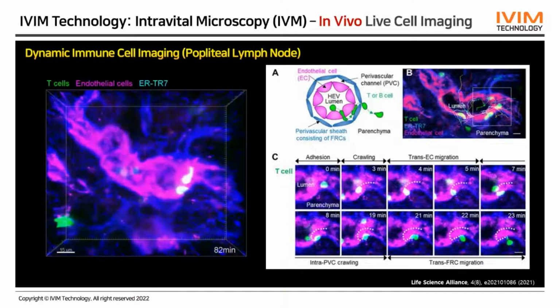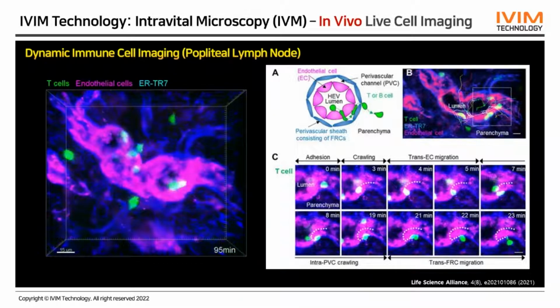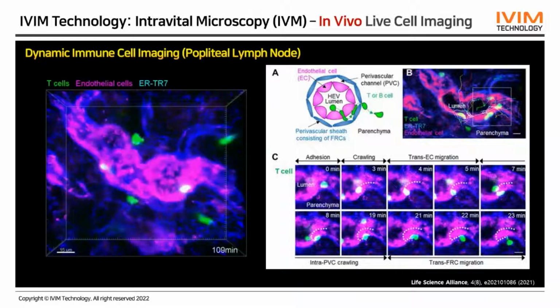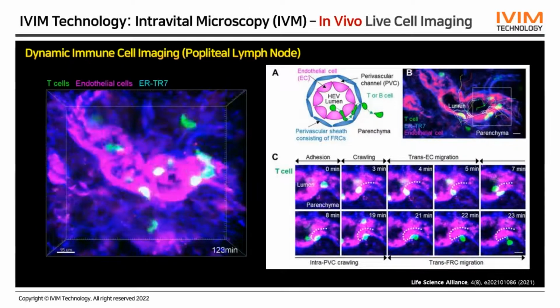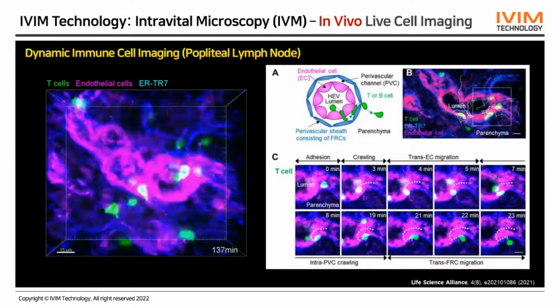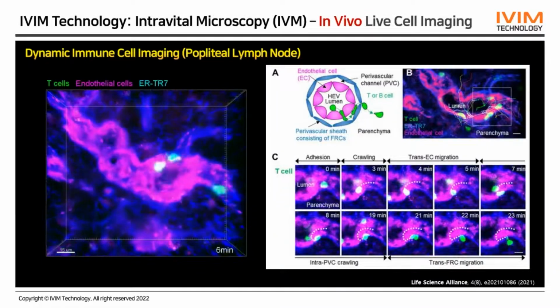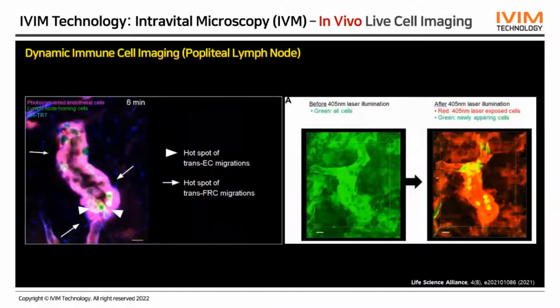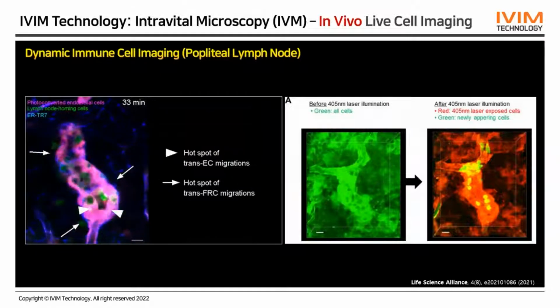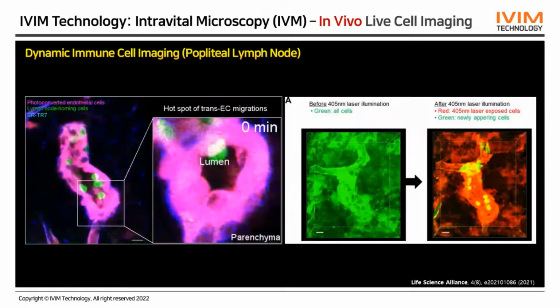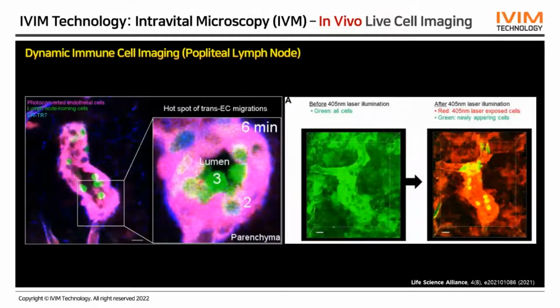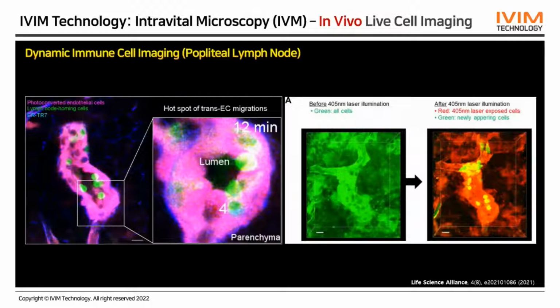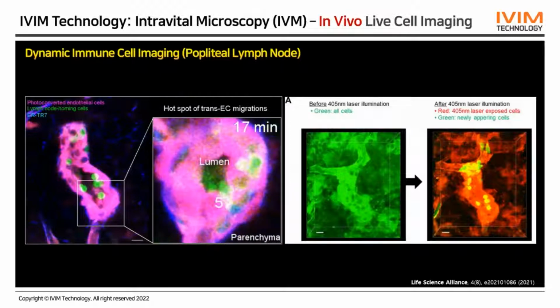In addition, longitudinal 3D monitoring of the same sites in HEV reveals that T cells transmigrated through the preferred sites in ECs and FRCs of HEV. Next, to observe trans-EC and trans-FRC migration hotspots for endogenous lymph node homing cells, we used Kaede transgenic mice, in which all cells express the photoconvertible fluorescence protein Kaede.